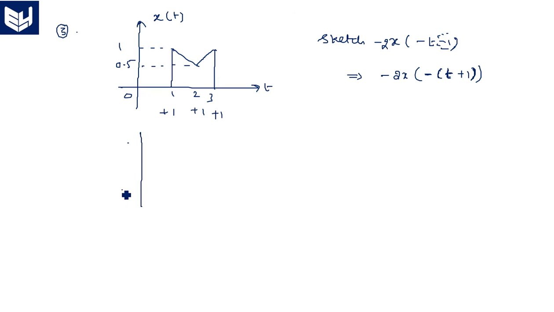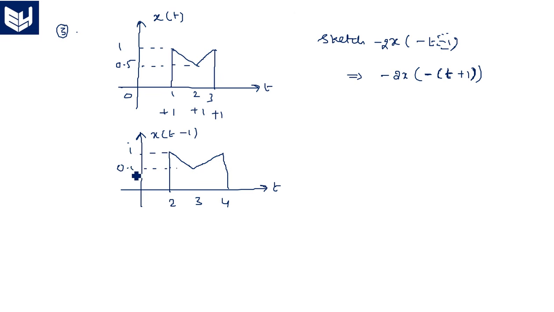So the resultant signal is the same process, whatever steps we followed earlier. t minus 1 means the signal moves ahead. So it is 1 plus 1 is 2, and now it is 3, it is 4. These are the new instants. Amplitude is not applied yet. So this is 1 and this is 0.5.